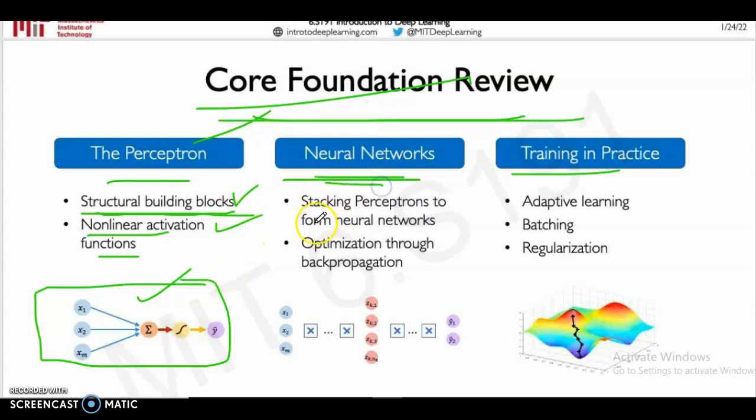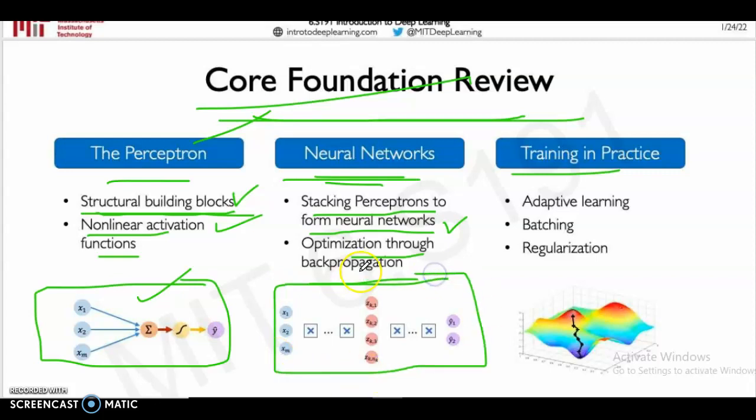In neural networks, we stack perceptrons to form neural networks, with optimization through backpropagation.